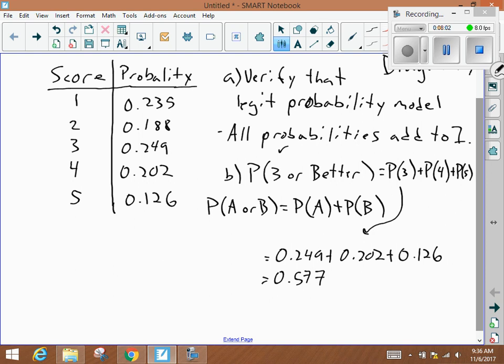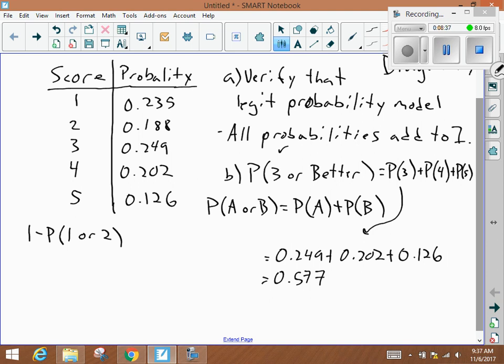So the probability of... the same way, you could take the complement: 1 minus the probability that you get a 1 or a 2.